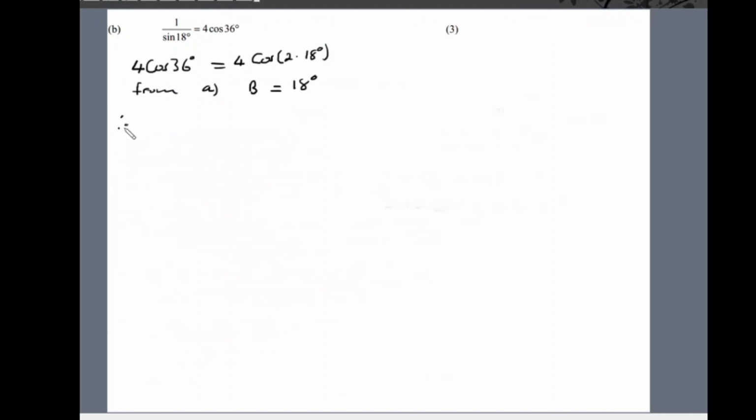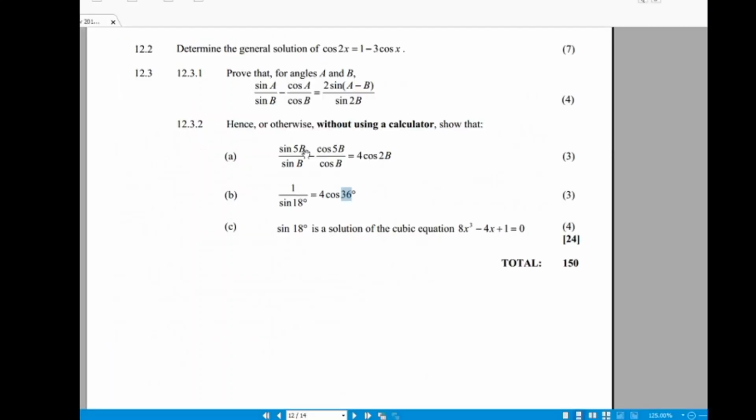Therefore, the right hand side is equal to 4 cos 2 times 18 degrees, right? We know from question A that 4 cos 2B is equal to this one, right?